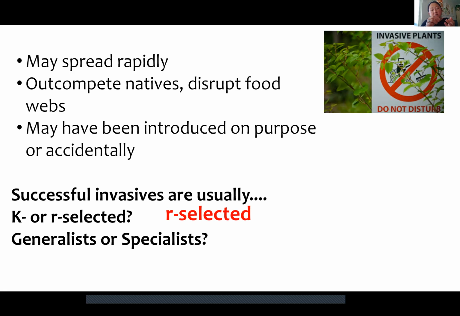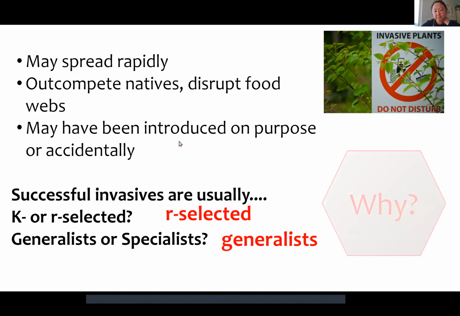They invest very little in their offspring. They have many offspring at once. So they're not more efficient, but something along those lines. And then successful invasive species are also generalists. They can survive in a wide variety of different conditions, which helps it spread.